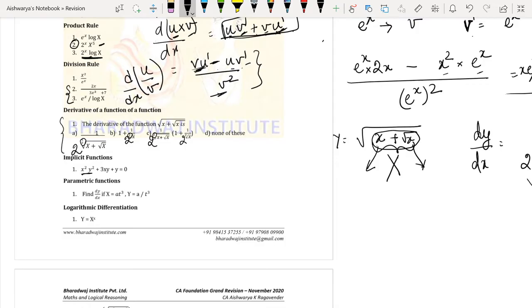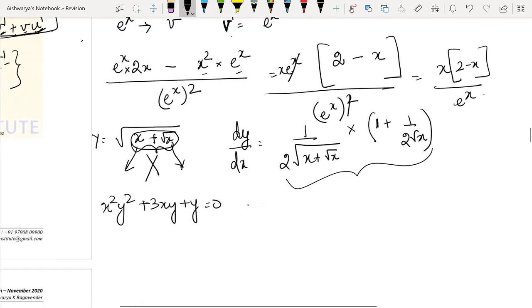In implicit functions, x and y both will be there together. So x square, y square. Like the product rule, you will have to differentiate it. Let us do the derivation like the product rule. X square into differentiation of y square.